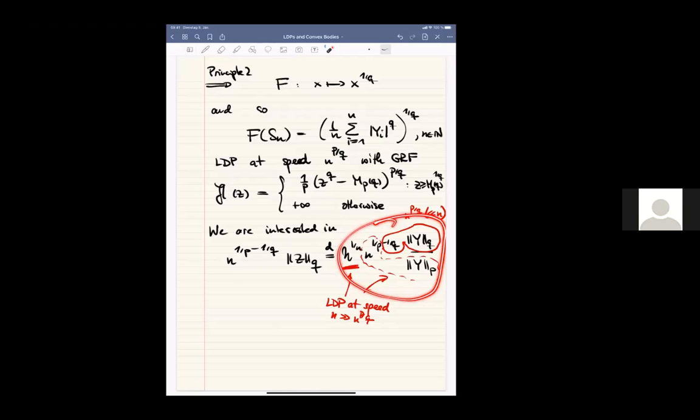Because we have established the LDP for this expression at speed n to the p over q with a certain non-convex rate function, we get, because of exponential equivalence, principle 3, as I explained: if you have sequences of random variables which are very close on an exponential scale, then they satisfy the same large deviation principle. So you show that this is exponentially equivalent to the whole thing, which then satisfies the same large deviation principle.